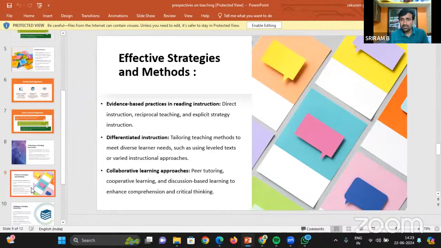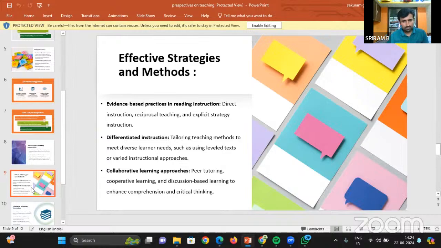Go ahead. Evidence based practices in reading instruction: direct instruction, reciprocal teaching, and explicit strategy instruction. Next one is differentiated instruction: tailoring teaching methods to meet diverse learner needs, such as using leveled texts or varied instructional approaches.